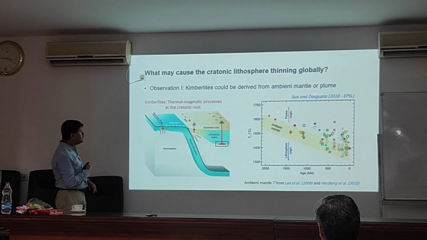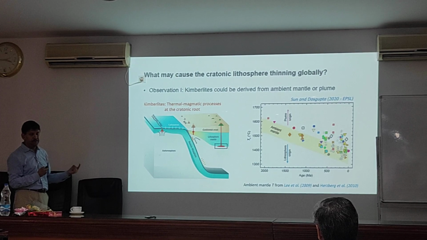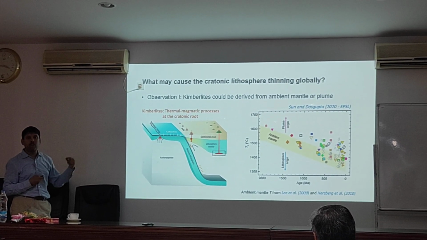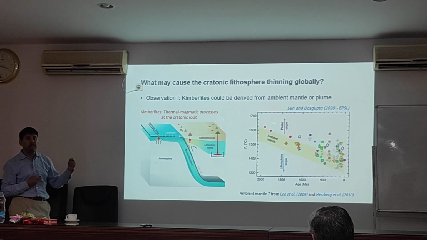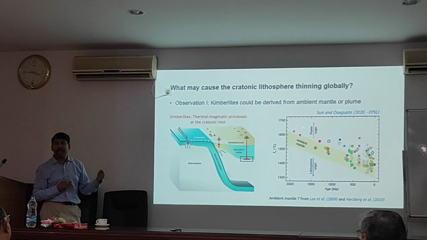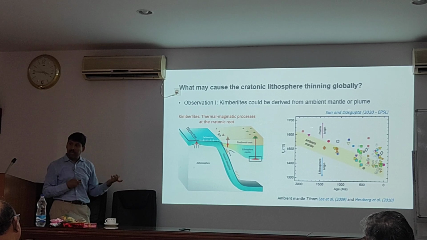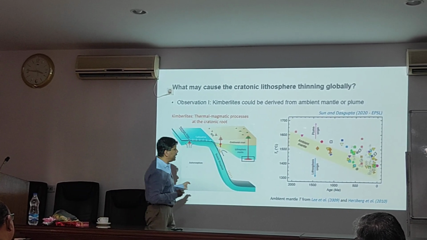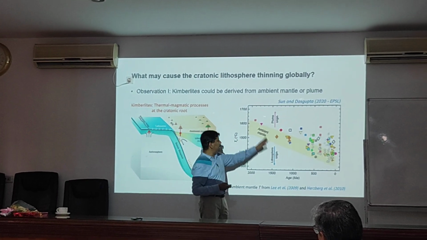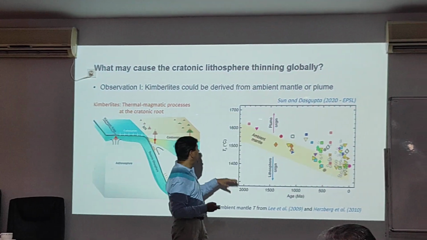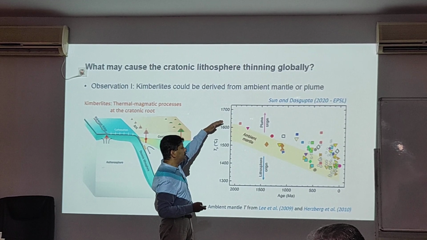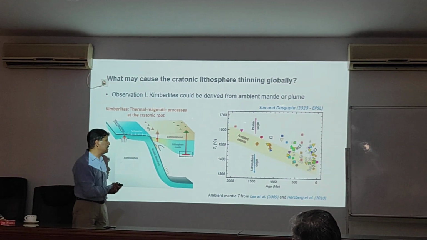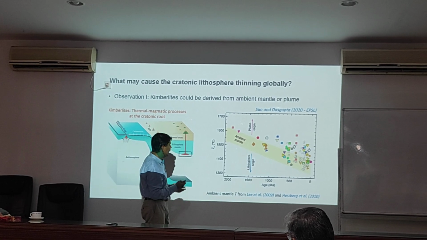So one more thing that we got out of this treatment is, remember, not only did we develop a new barometer, but we also consistently developed a new magnesium oxide in the melt-based thermometer that you can apply to kimberlite magma composition. When we do that and apply it to all our kimberlite samples coming from different ages, now I'm plotting a mantle potential temperature that we would estimate based on that melt temperature that we can calculate from kimberlites.